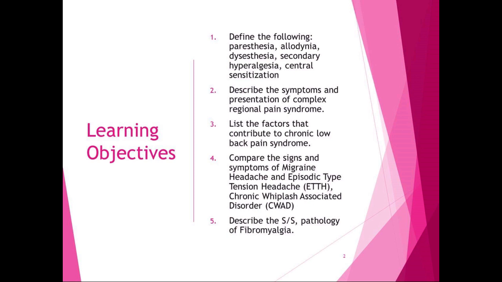I want you to be able to compare the signs and symptoms of different types of headache, migraine headache and episodic tight tension headache, and chronic whiplash-associated disorder, so that they all have specific symptoms that differentiate them from one another. And I want you to be able to describe the signs and symptoms and pathology of fibromyalgia. So in the second part of Chapter 12, we will talk about those specific pain syndromes.